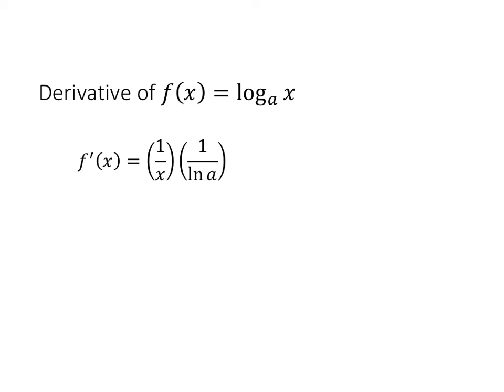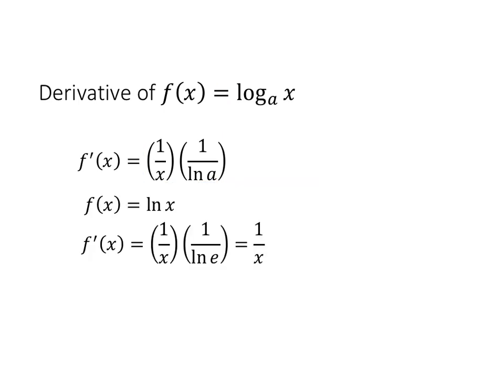So lastly, let's look at just a general log equation. Say we've got f of x is equal to the log base a of x. Well, the derivative of that, by definition, is simply going to be 1 over x times 1 over the natural log of whatever the base is.